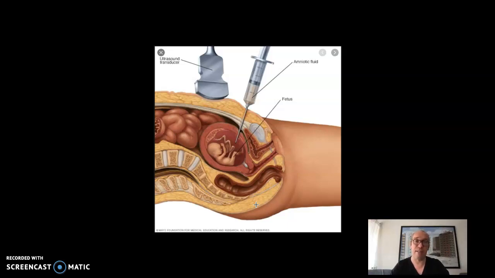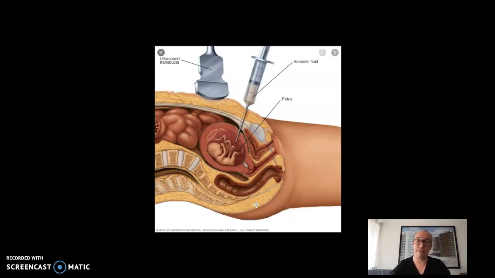In amniocentesis, they punch a little hole inside the amnion and the chorion, and they take out some amniotic fluid. Oh, excuse me, I said something wrong. It's not in the placenta, it's in the amnion and the chorion. They take out some of the amniotic fluid, and inside the amniotic fluid is some DNA, and they can read the recipe of the DNA and see if it's still right.